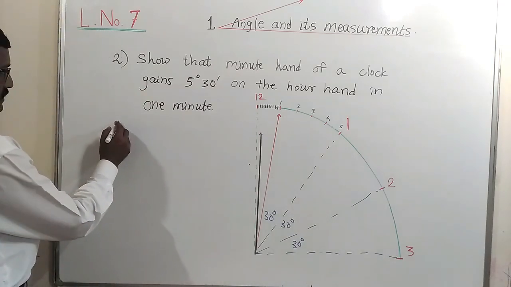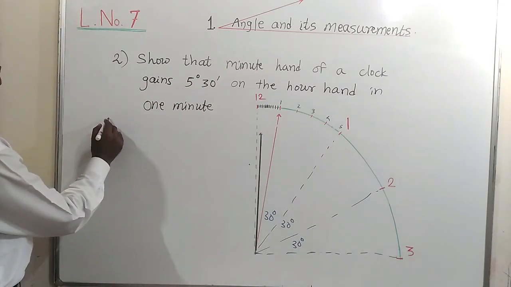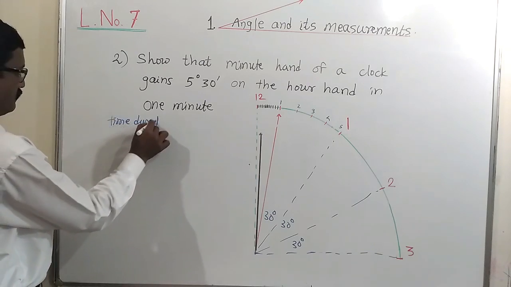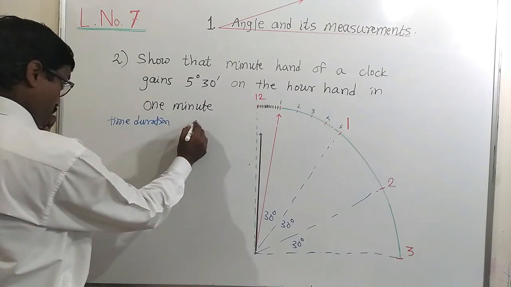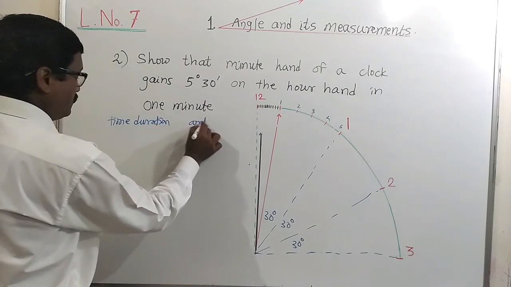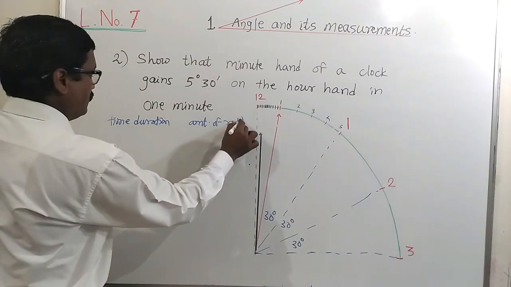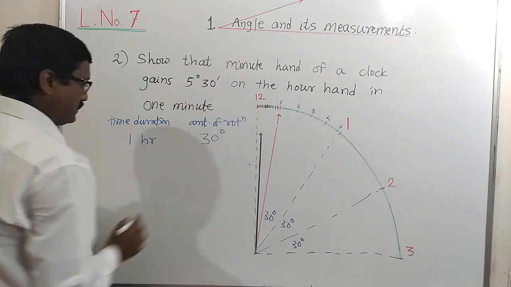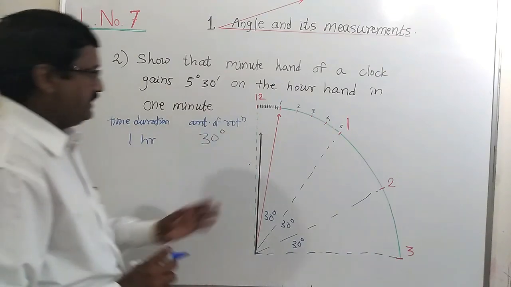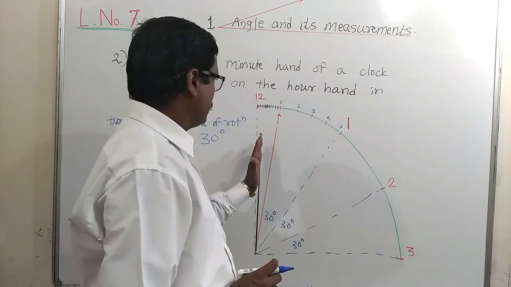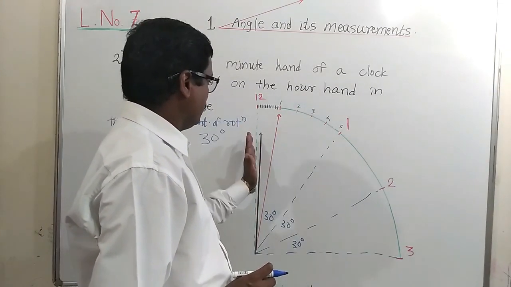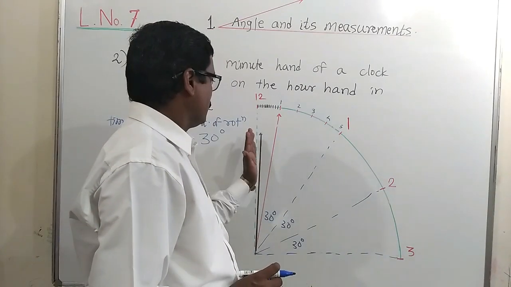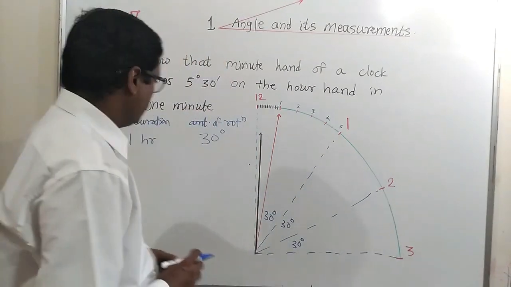So let us write here the 1 hour time duration and the amount of rotation. If the time is 1 hour, the amount of rotation will be 30 degree. For any hand, either hour hand or minute hand, if it completes 1 hour, then the amount of rotation will be 30 degree.